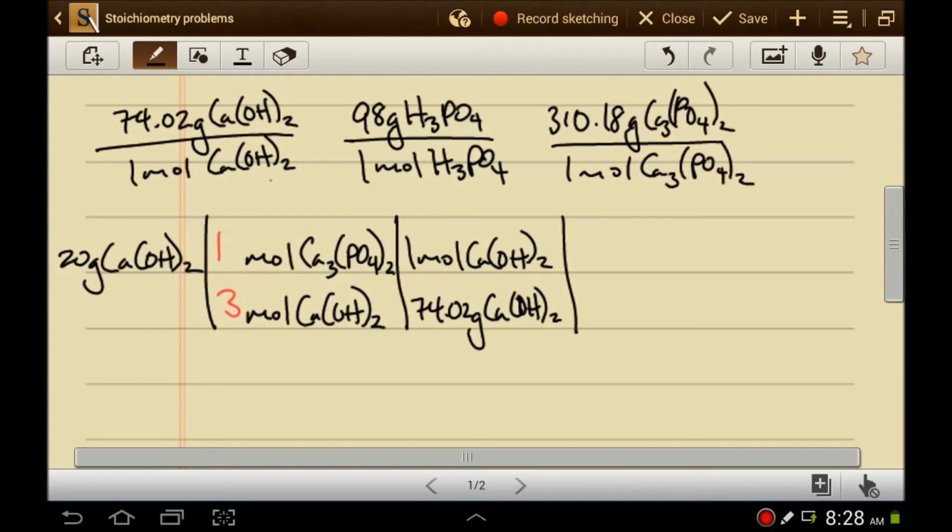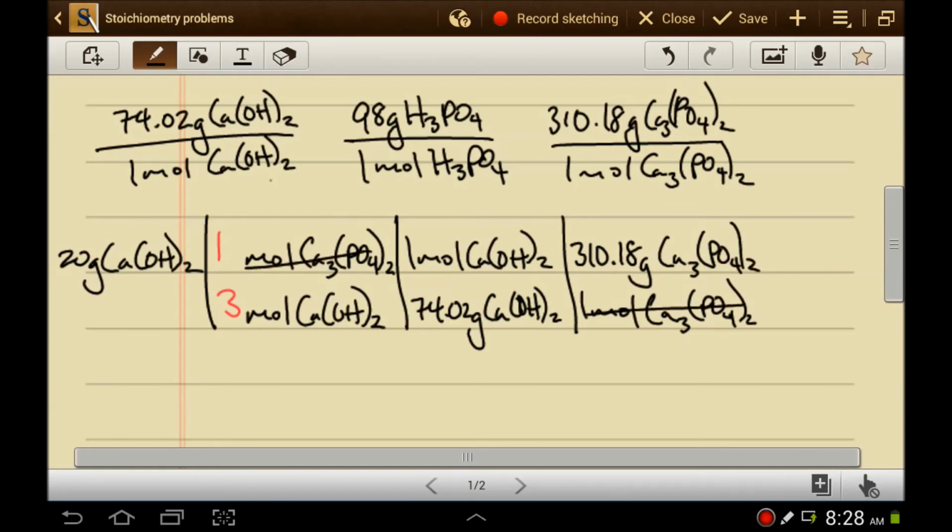So when I plug that in, I have to put the moles on the bottom here. Moles of calcium phosphate cancel with moles of calcium phosphate, grams of calcium hydroxide cancel with grams of calcium hydroxide, moles of calcium hydroxide cancel with moles of calcium hydroxide, leaving us with grams of calcium phosphate.